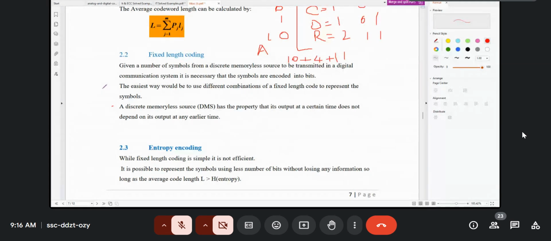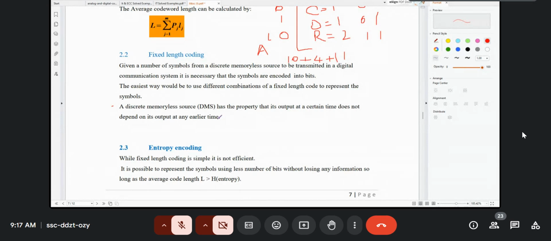So it's easy to differentiate the DMC and the DMS, because a source only has outputs, what it's producing. Sometimes I see confusion: when you ask somebody what a DMS is, they say the property is that its output does not depend on the input. No, there is no input. This is a source, and therefore it has only output. So what it means is the output at a certain time does not depend on the output at an earlier time.